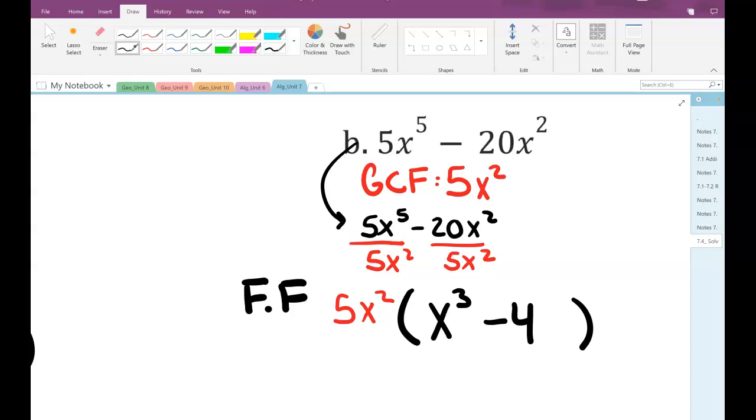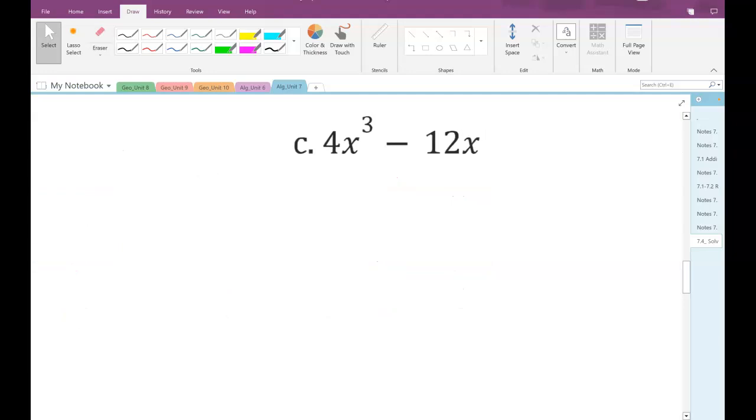So our last example, example C, 4x to the 3rd minus 12x. One thing you want to be careful of is don't always just assume that the number that comes first, or your smallest number, is your GCF.